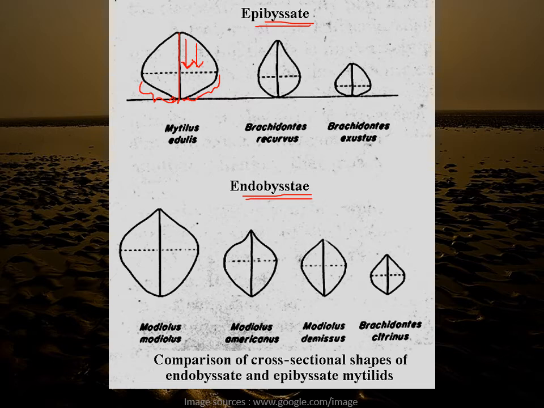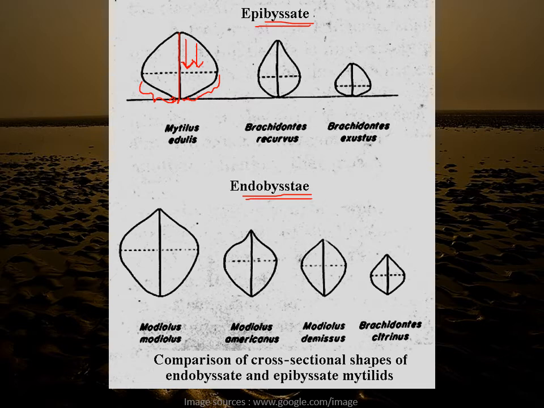In contrast, when these kinds of byssally attached bivalves become infaunal, then they don't have any fear of dislodging their orientation, because they are already within the sediment, and dislodging or disorienting from there is difficult. So the bivalve did not need to lower down its center of gravity.